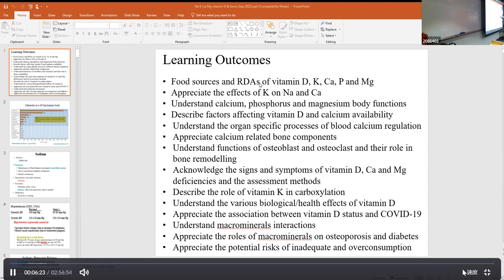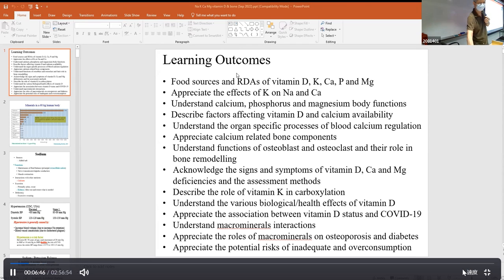We will do it in a bit more detail. And then we will talk about the assessment methods, and the risk of disease related to deficiency and or too much. That's what we plan to do.